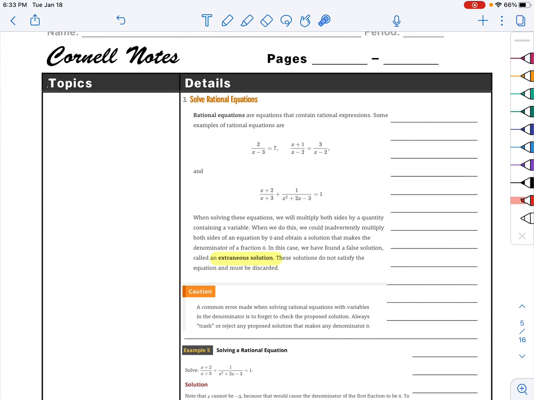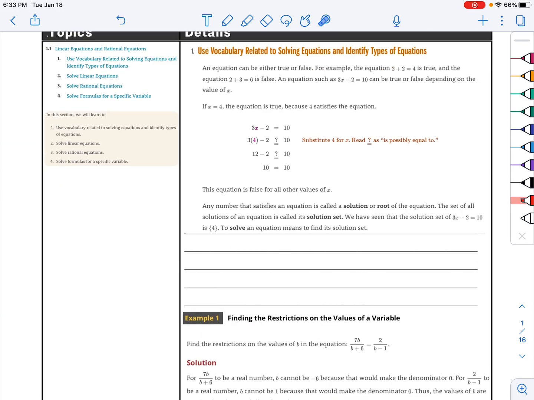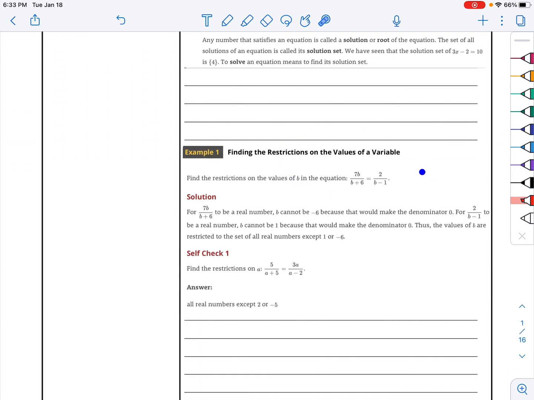Okay. Sometimes you're going to come up with an answer that is an extraneous solution. This isn't going to happen a whole lot in this unit. That's mostly when we get to rational equations. It's definitely later in the semester. But just so you're aware, the reason we talked about values that couldn't be used, way up here, is the restrictions on the variable.